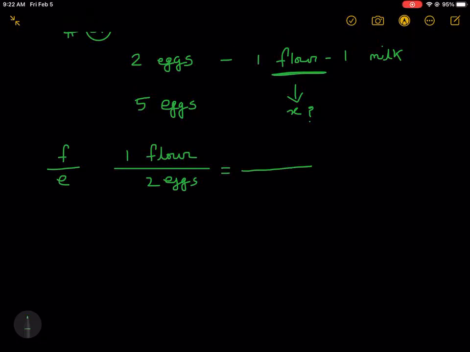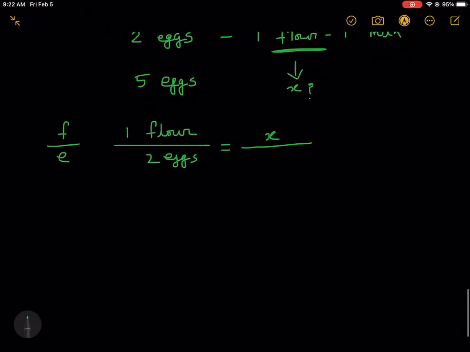So on my right, I don't really know the amount of flour we need, so that's going to be our unknown x. And with it, we'll take the ratio of x, which is 5. Before we go any further, does this make sense, everyone?